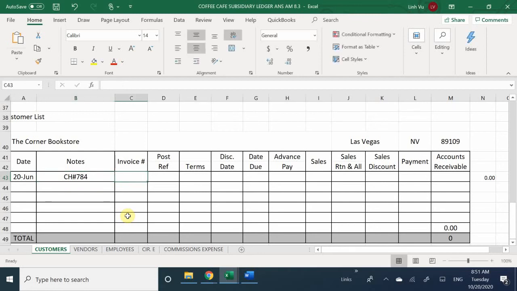All right, what's the invoice number? 102. Post reference? Is that 9? No, we are still on the same page. 8. Were we given terms?